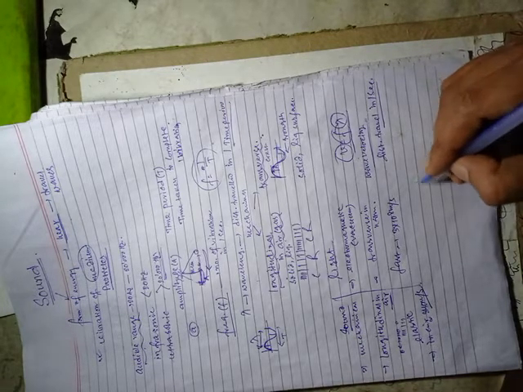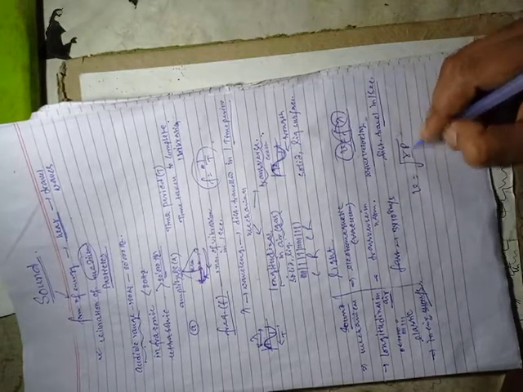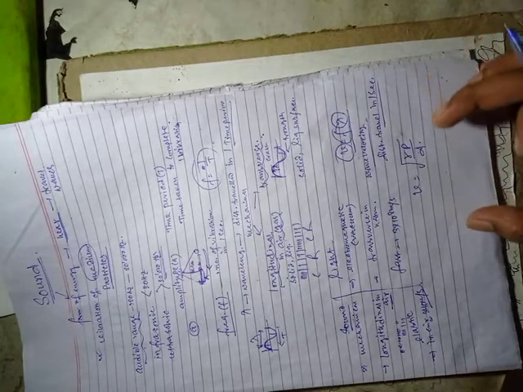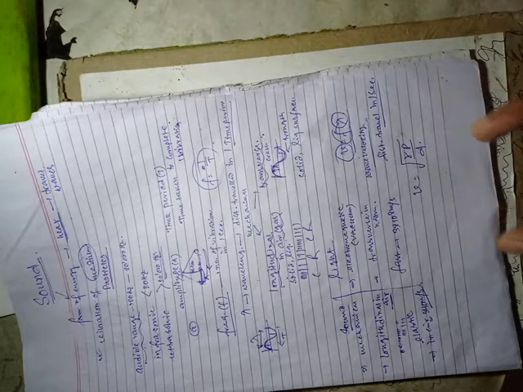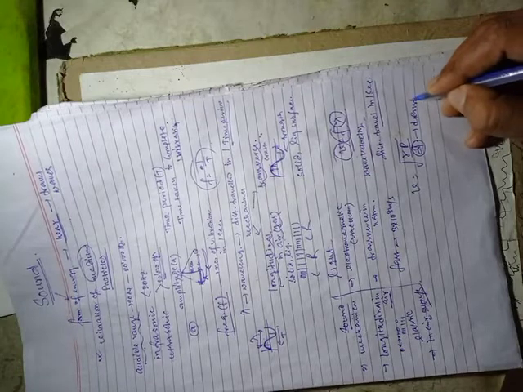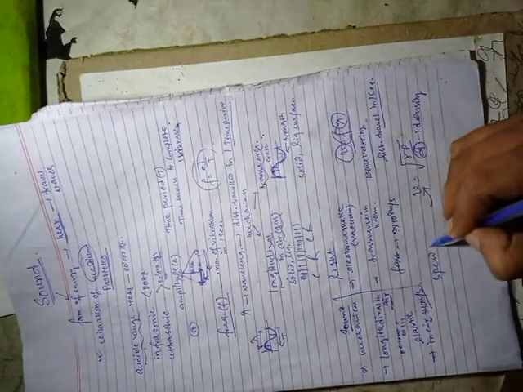Another relation you need to learn is v is equal to root over gamma p by d. It is the speed v of a longitudinal wave in a gaseous medium of density d.